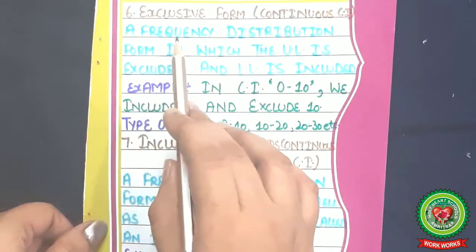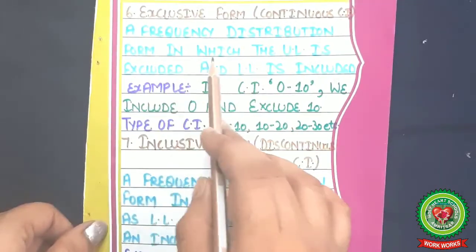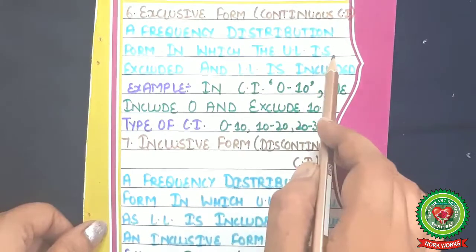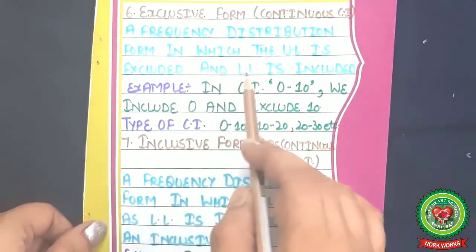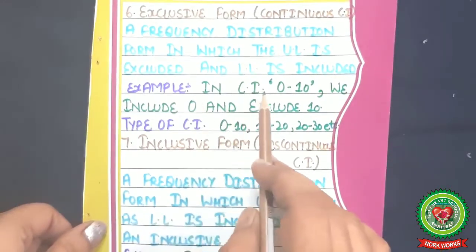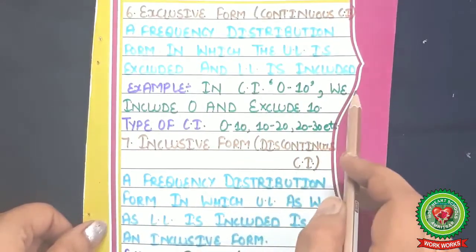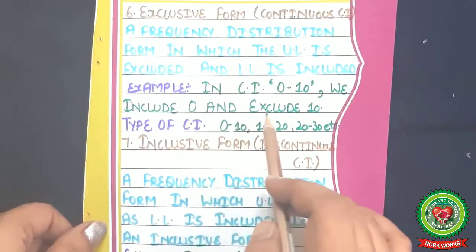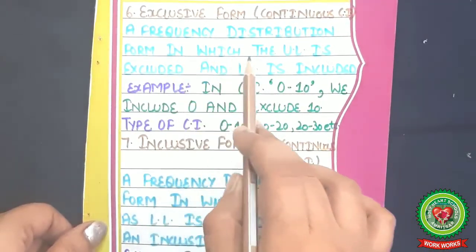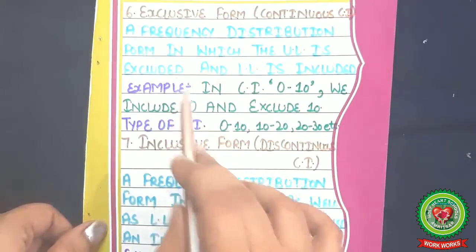Definition: a frequency distribution form in which the upper limit, UL, means upper limit, is excluded and lower limit is included. For example, in class interval 0 till 10, we include 0 and exclude 10 because this is the upper limit and we will exclude the upper limit.